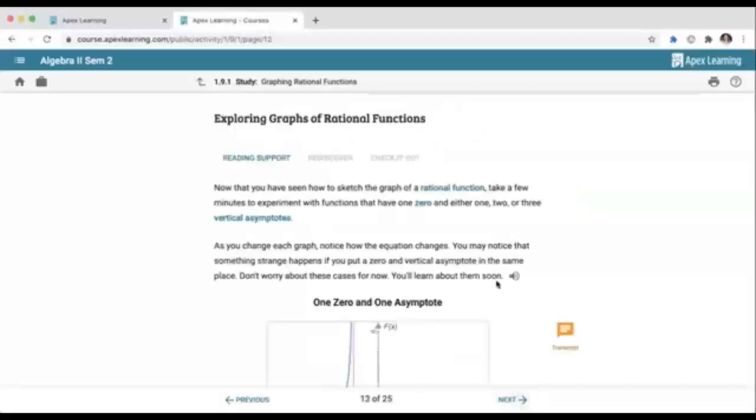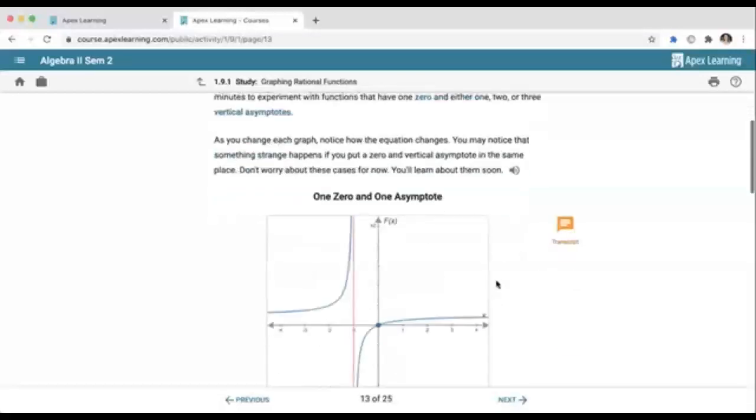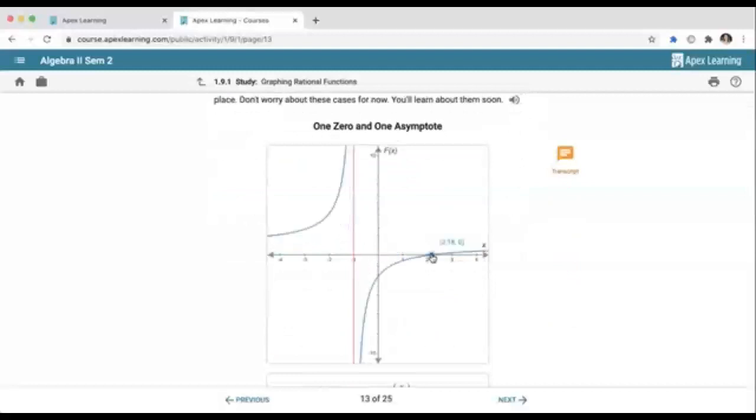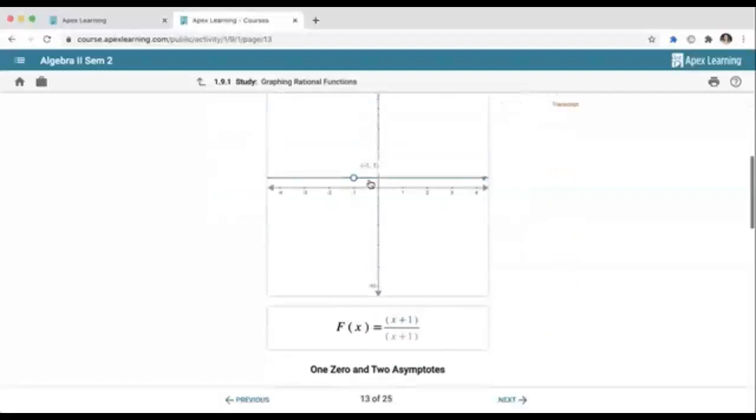All right, so then taking a look more at these asymptotes, I can pull my 0 point. Right now, I have x on top and x plus 1 on bottom. So my 0 point is at x equals 0.